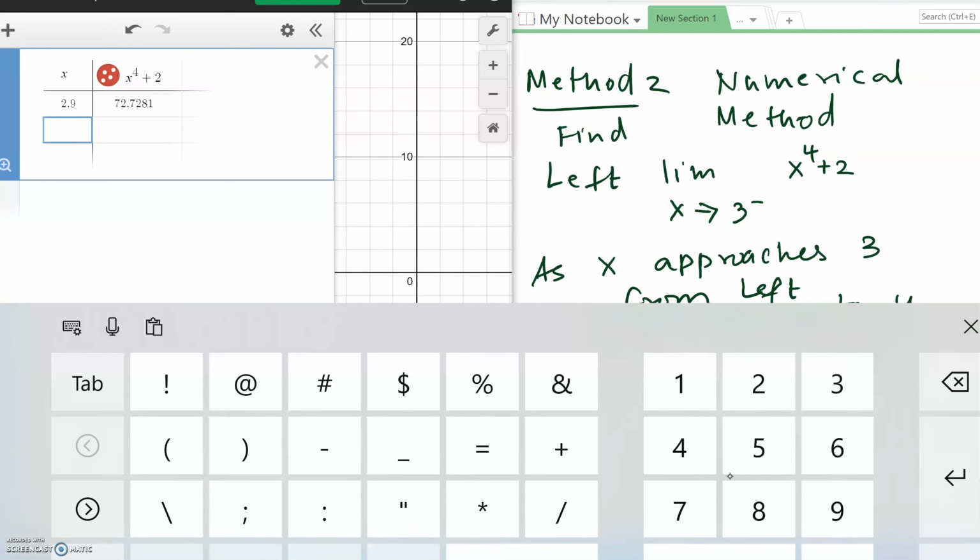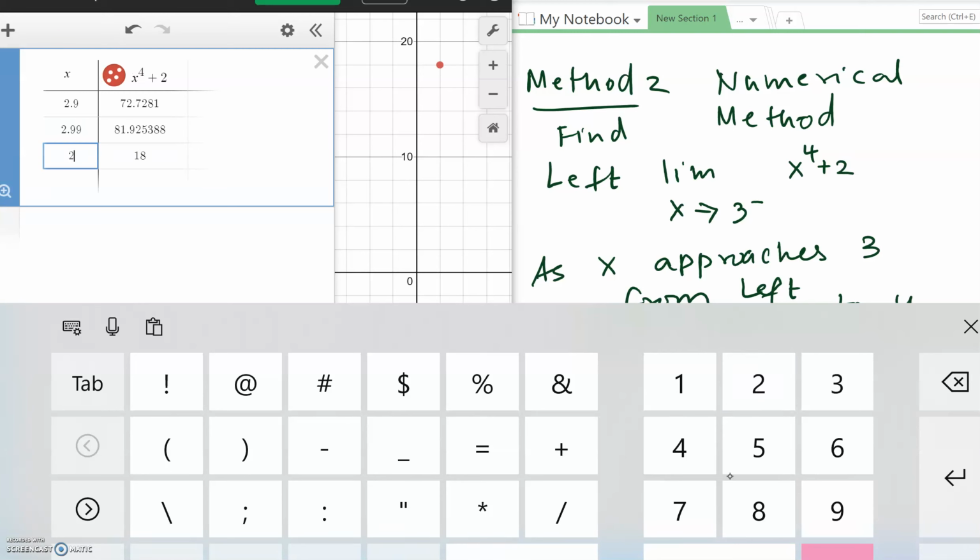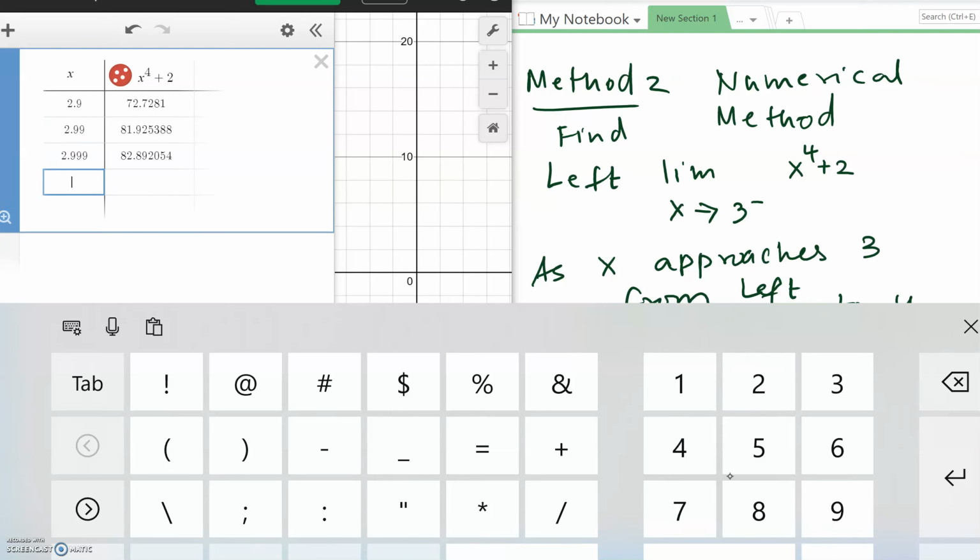We're going to get even closer to 3. So 2.99, and then the next number will be 2.999, 2.9999. We can see a pattern emerging. The y values are going towards 82.99, so it's actually approaching 83.